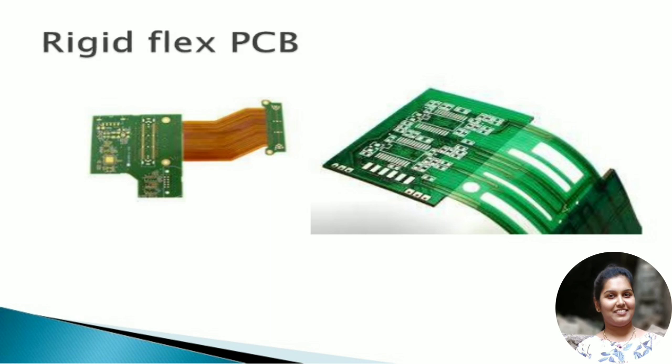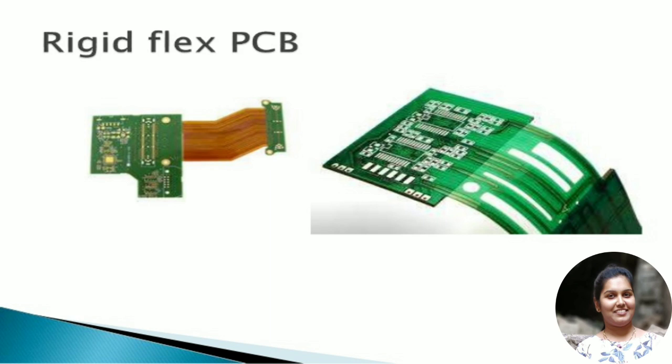Whereas if you design a PCB and then design the device according to the dimensions of the PCB, then a single-sided, double-sided or multi-layer PCB can be used. But the problem is that if the device is already designed and we want to incorporate a PCB which fits within the device, then we have to go for a different kind of PCB. Those are nothing but rigid flex PCBs.